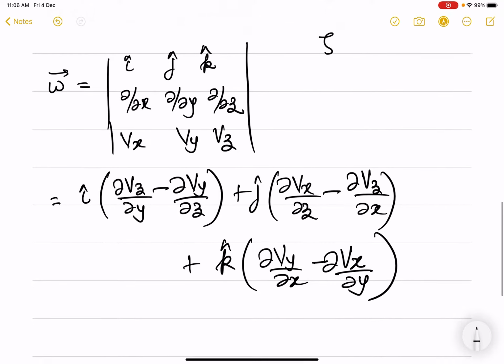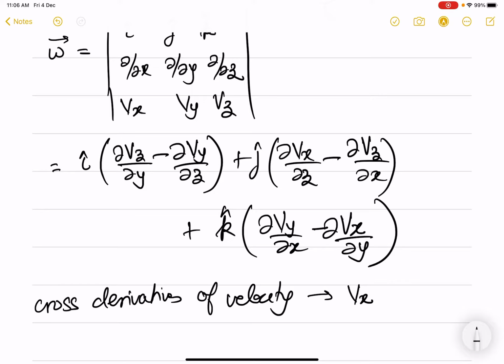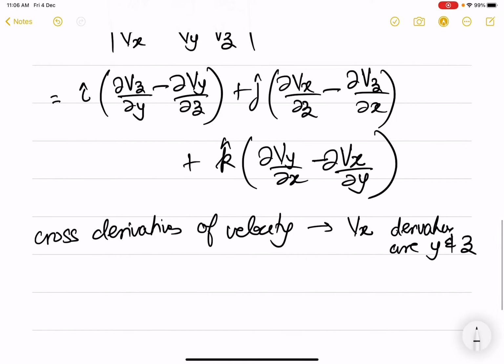You realize that vorticity involves cross derivatives of velocity. That means if we have Vx, then the derivatives involved in vorticity are y and z, not the x derivative, and so on.